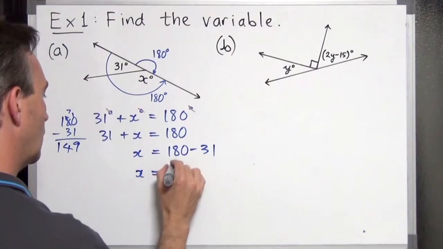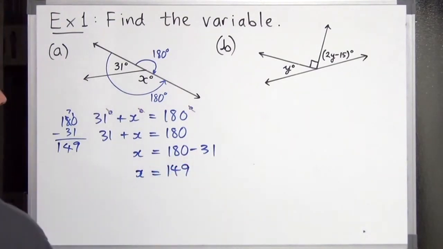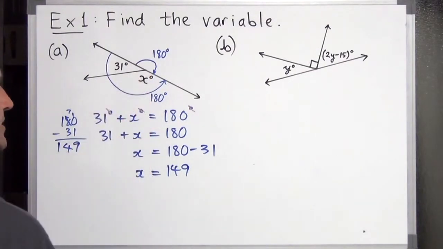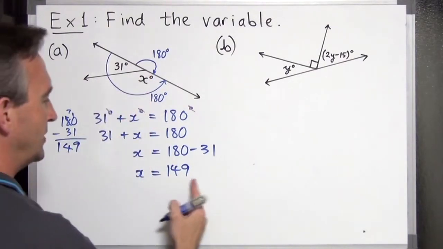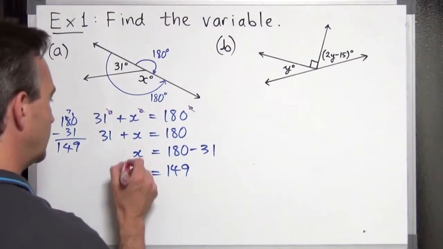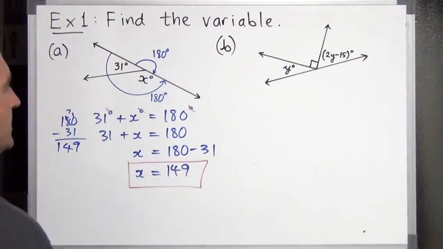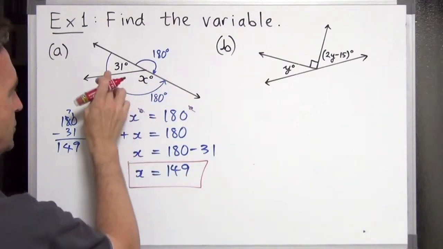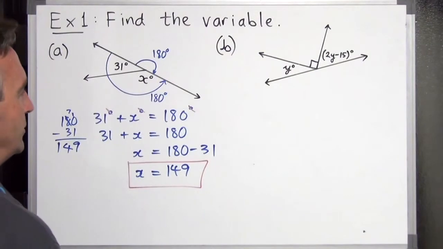X equals 149. So 149 is the number that goes in here under that degrees sign. So we don't say x is 149 degrees. We simply say x is 149 for this question here. So this missing angle here, x degrees, is going to be the obtuse angle, 149 degrees.